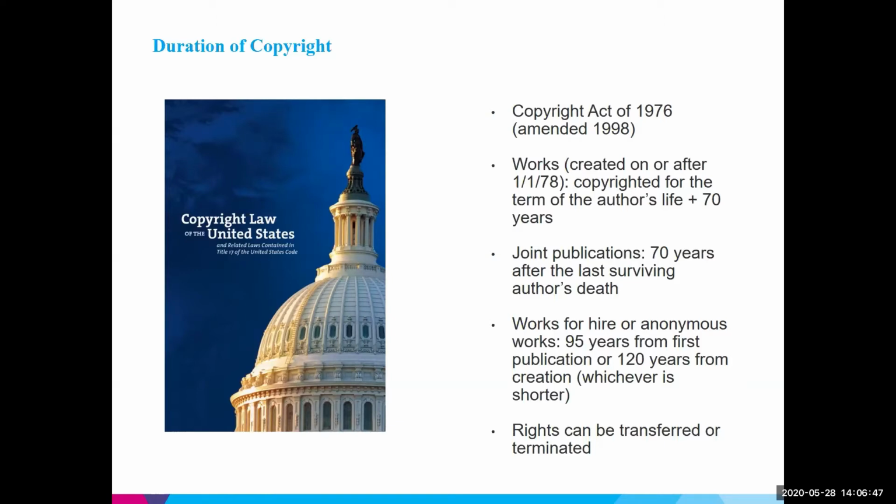It's a very complicated process. There's a whole hierarchy of things that you have to take into account. And if you miss that window, then you miss it forever. And we're not going to go any more into that, but if you are interested more in that particular section of copyright law, you can look at Section 203.